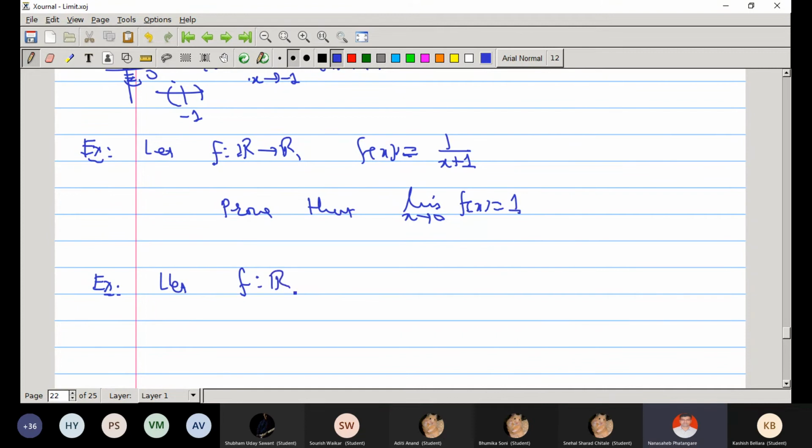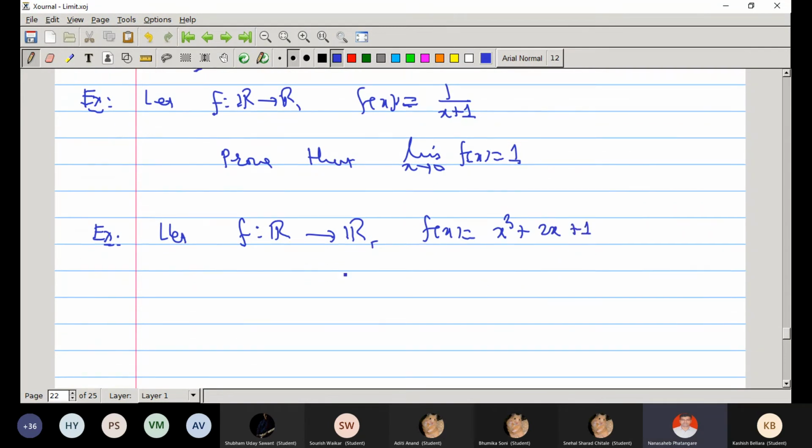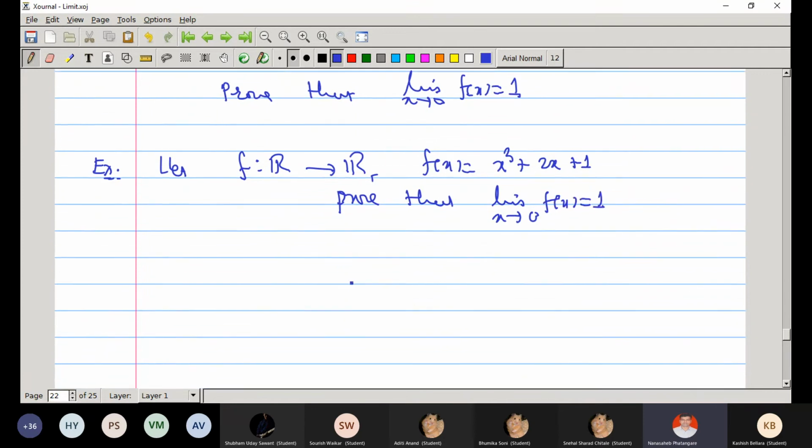Let f from R to R, f of x is equal to x cube plus 2x plus 1. Prove that limit x tends to 0 of f of x is 1.